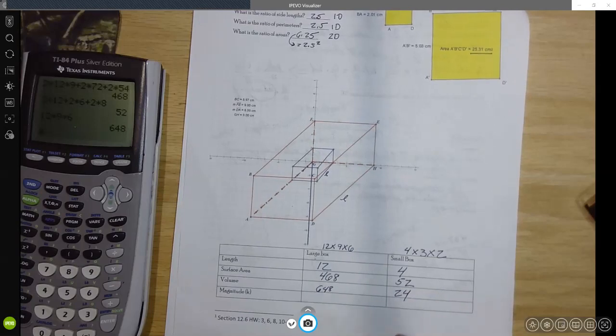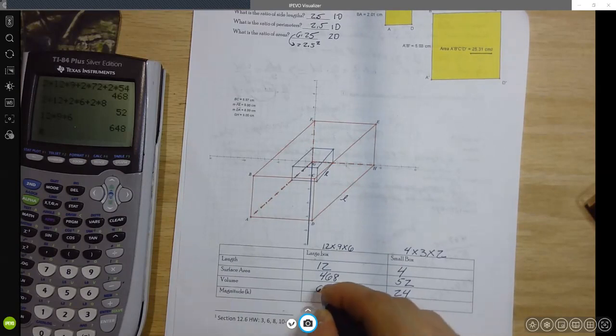All right, so magnitude, also called the K value. So that's always the K is one-dimensional. So what is the one? You can see here the sides are in proportion, right? From the length, 4 times what is 12? It's 3. You can see 4 times 3 is 12, 3 times 3 is 9, 2 times 3 is 6. So the bigger box, in terms of length, is 3 times as big.